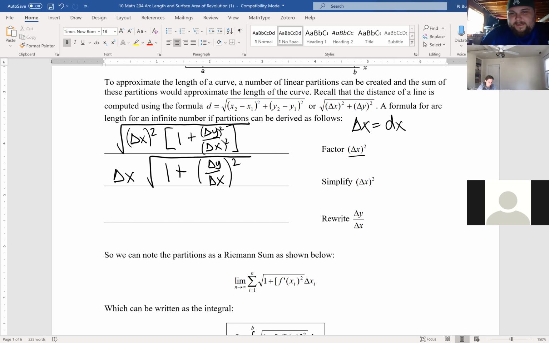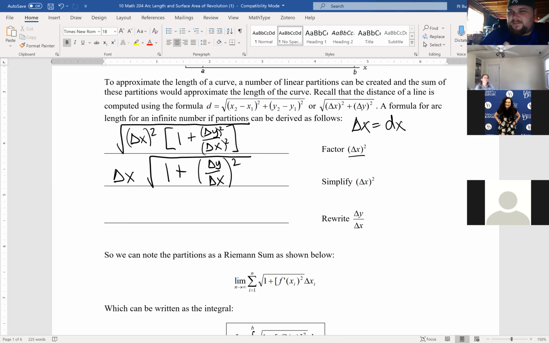Now, we just got done saying delta x translates directly to dx. What do you think delta y over delta x is going to be? Would it be dy over dx? Or delta y over delta x, isn't that a slope?